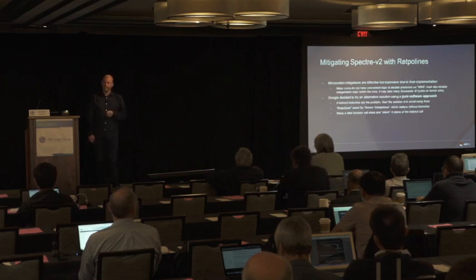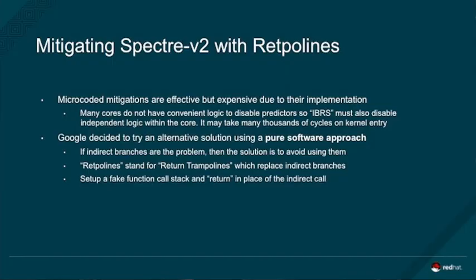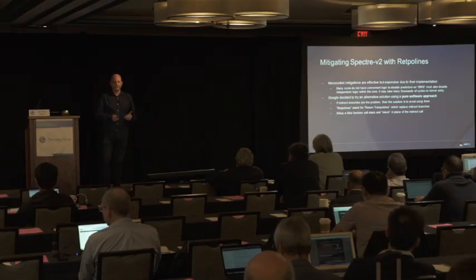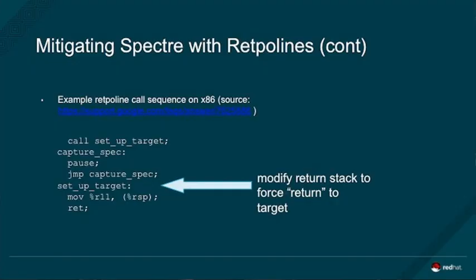There's another trick we can use, retpolines, that Google invented, which basically says we're not going to disable or impact the behavior of the branch predictor, but instead we're going to cause harmless speculation. You might want to look at this code later. It's kind of a complex concept. But basically, I'm going to call a function.